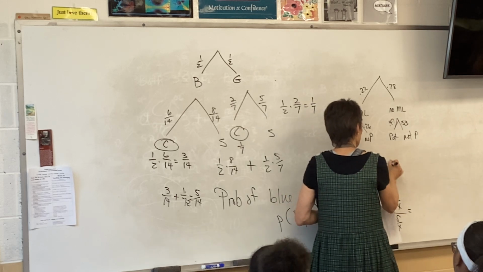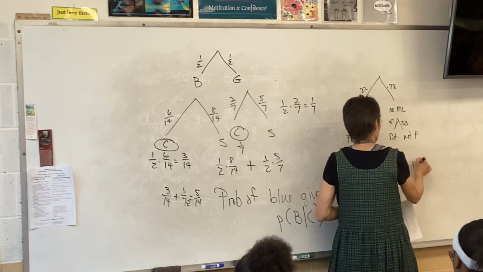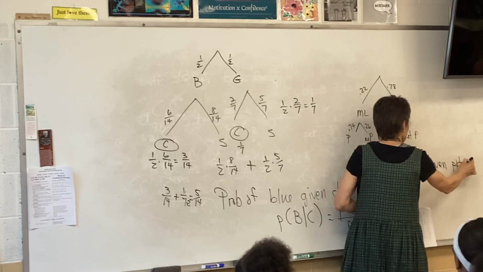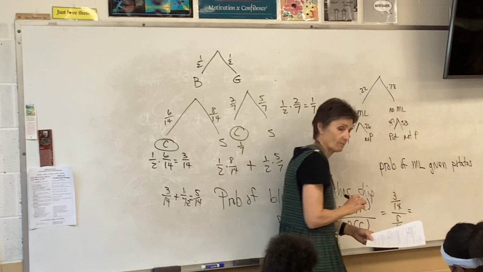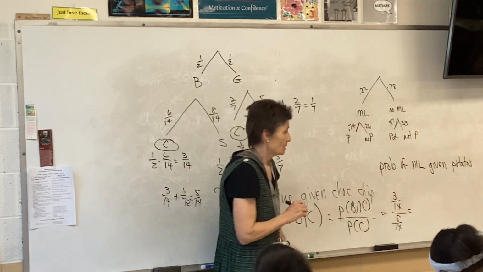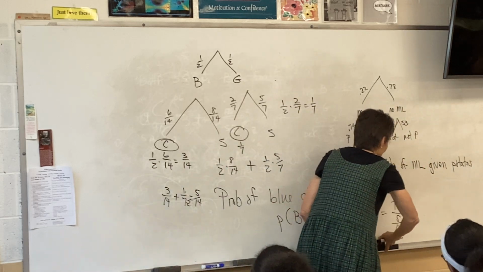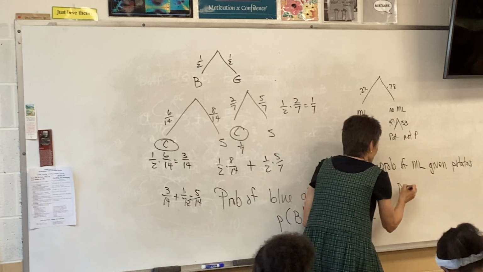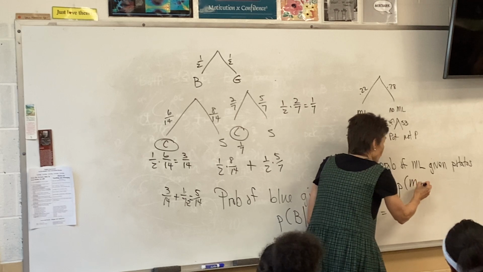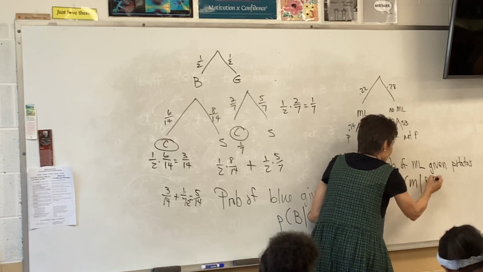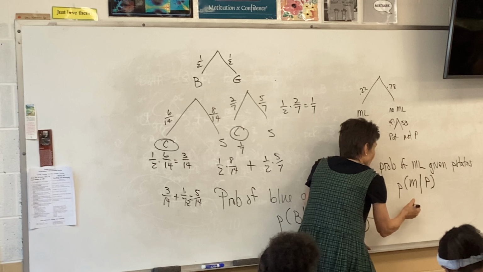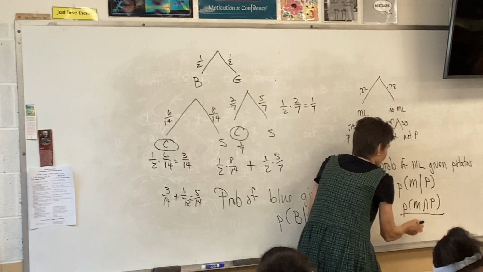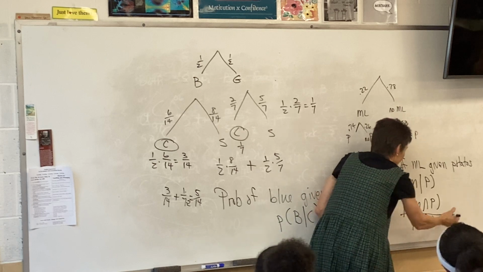So find the probability of meatloaf given that she served potatoes. That's what we're finding right there. So we just did that. Our formula is the probability of both over the probability of potatoes.